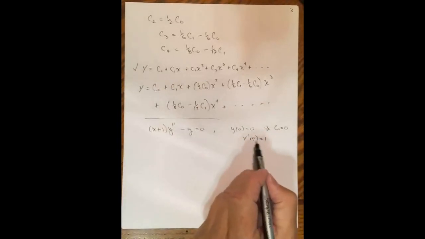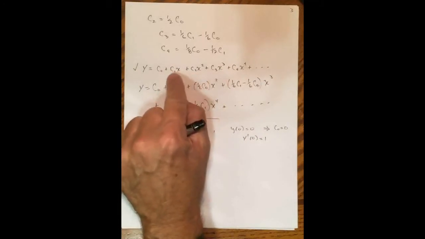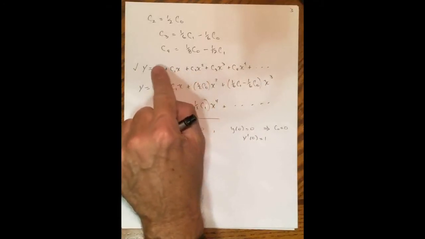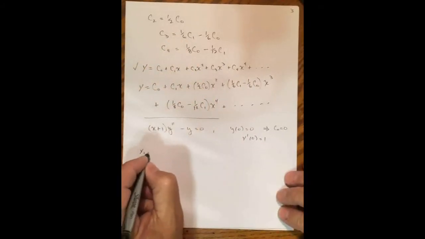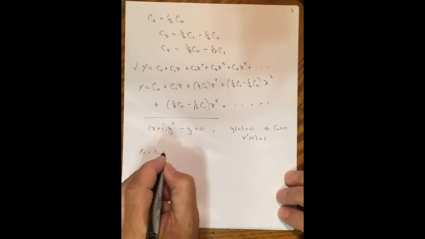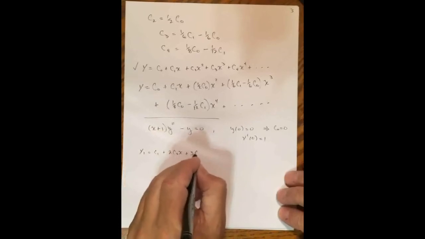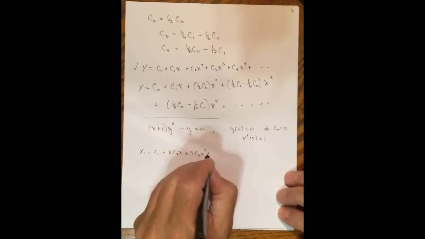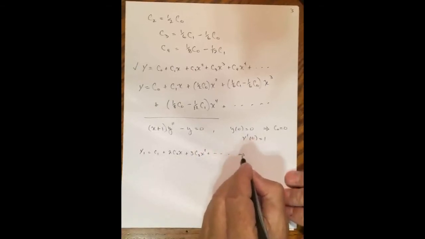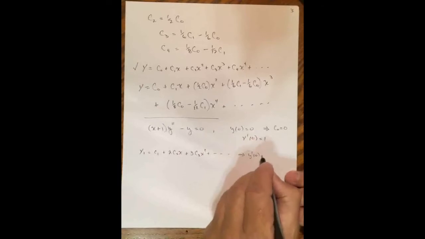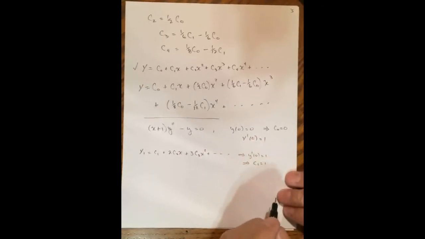Now, the first derivative, if we differentiate this thing, we get a c1, right? Let me just write that down. y prime is going to be c1 plus 2 c sub 2 x plus 3 c sub 3 x squared, on and on. Now if you plug 0 into this, y prime of 0 is 1, which implies that c1 is equal to 1.